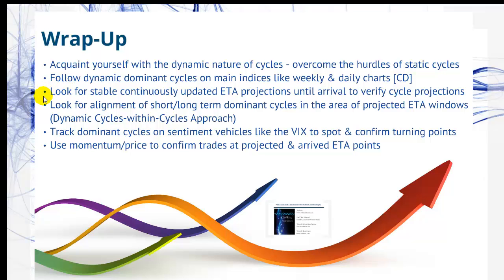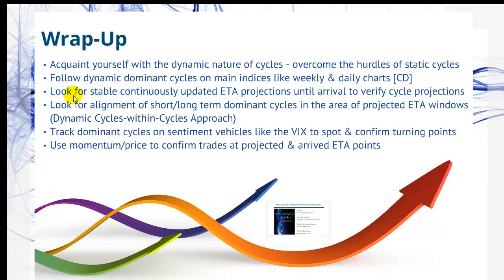And when you do trade these cycles, you have to look for stable, continuously updated estimated time of arrival projections. I showed you how to mark the next projection and then, until arrival, verify this projection. If the cycle arrives at the ETA and is stable, then you have a valid projection.